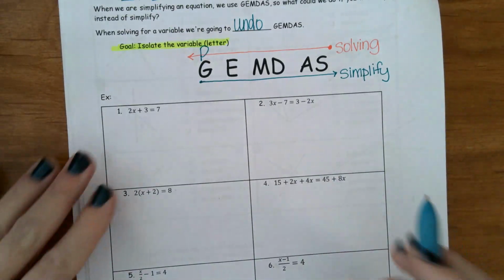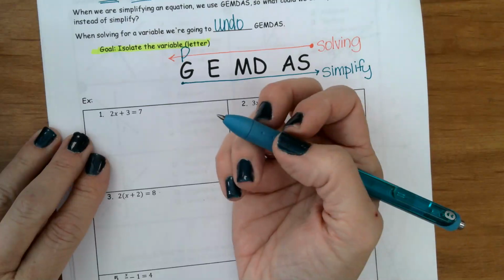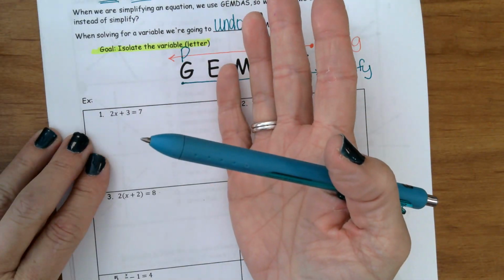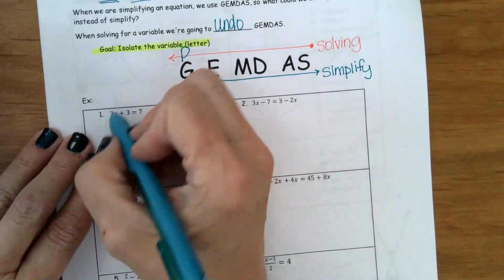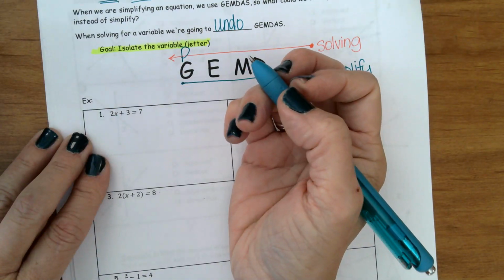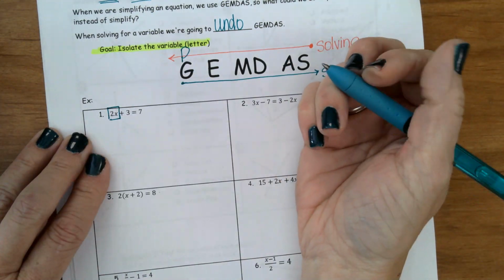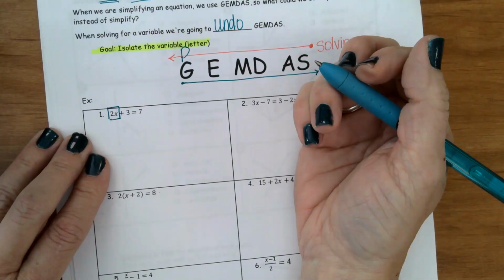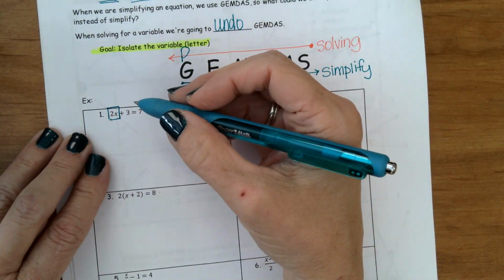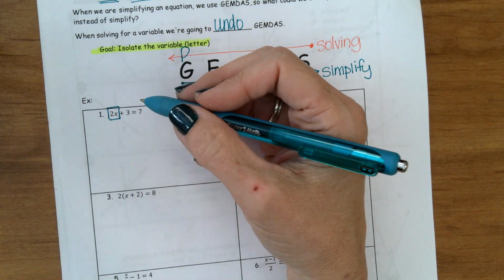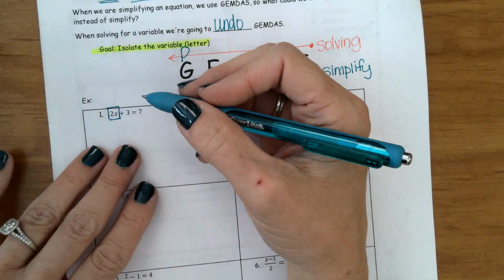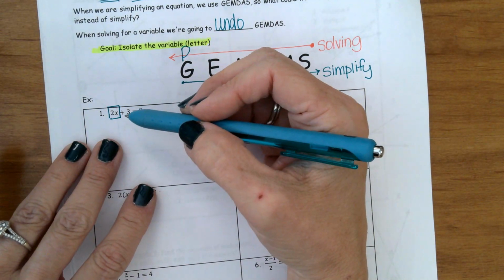Easy breezy. Here's what I like to tell you, and it's going to sound a little kindergarten, but it works. Do you see the 2x right there? Let's put a fence around it. You can't touch that until you get rid of 3. Put a fence around that. Fences are boundaries, right? Fences keep you in or keep you out of things. So put a fence around your 2x.